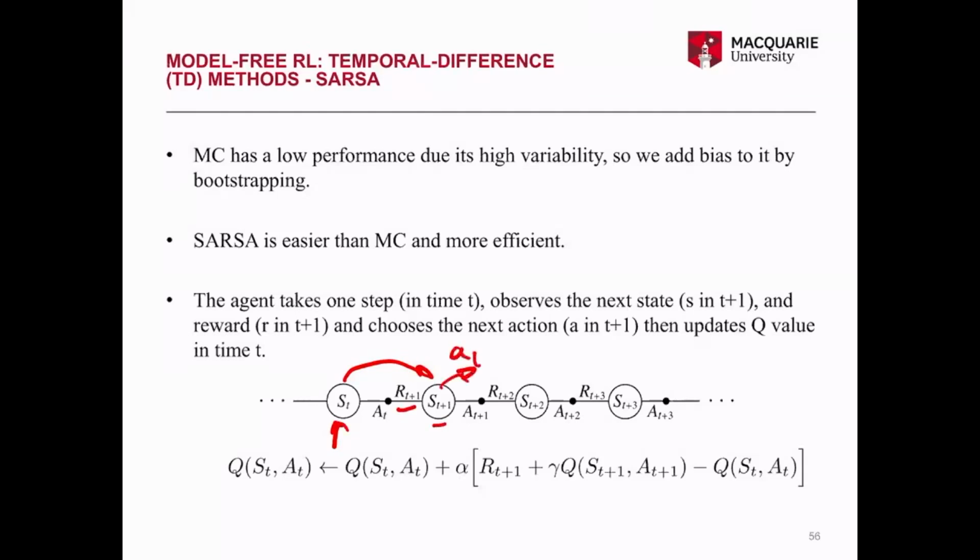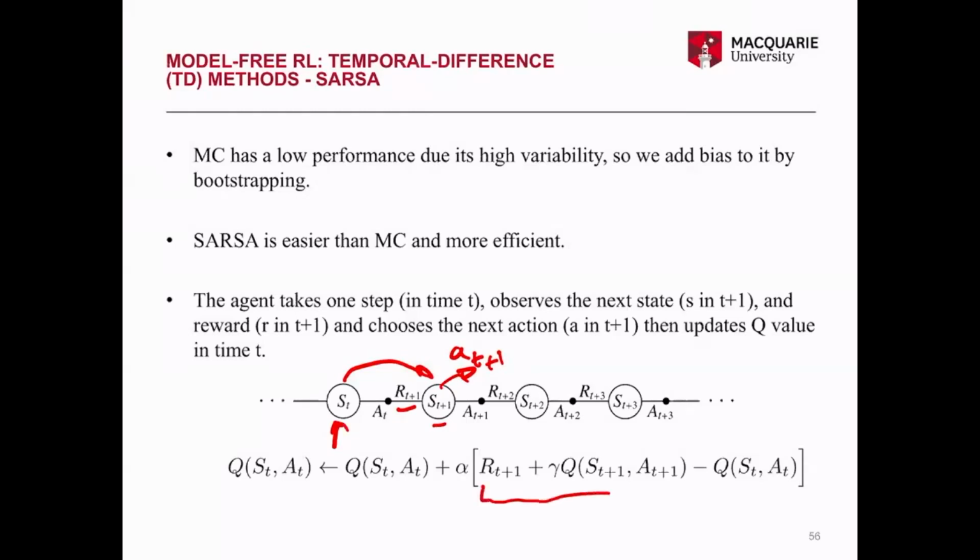Without taking it, but it decides what to do next. And this gives us the equivalent of the return or G in Monte Carlo, and the difference between this value and our current approximate Q of S sub t and A sub t creates an error, which we can use to update our current approximation of the Q value.